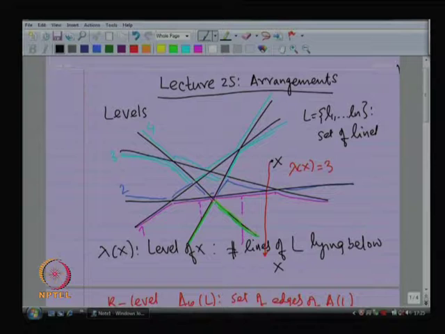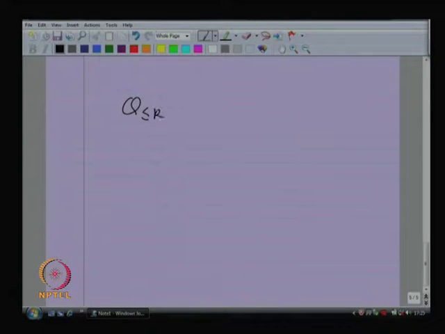So, if I want to look at most 2 level, not only do you look at the edges of level 2, but you also look at the edges of level 0, level 1 and level 2. So, that is at most k level. And let me again define phi k L as the number of vertices whose level is less than k.